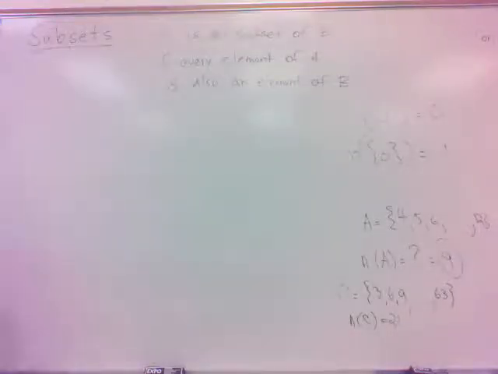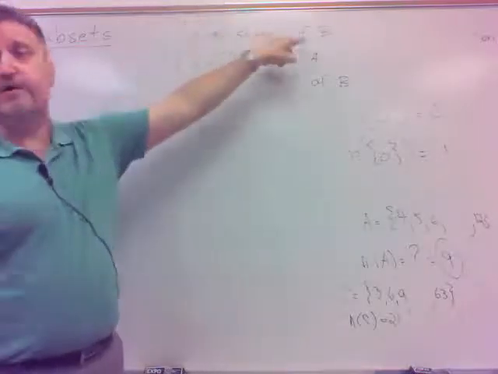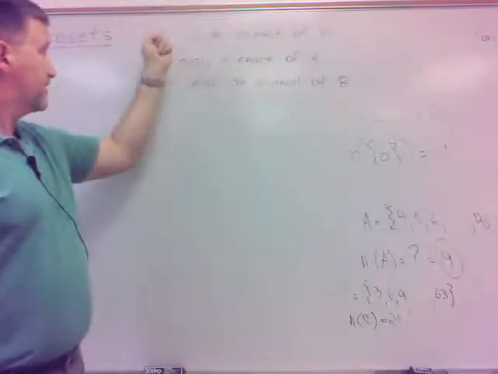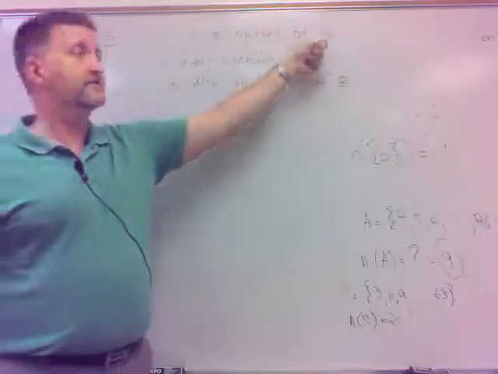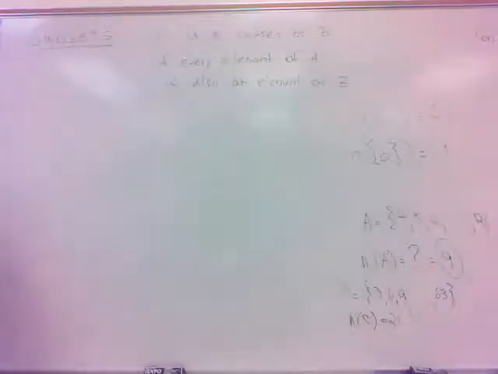The idea meaning, yeah, this is A is a part of B. Another way you could put it: everything in here is also an element here. So a real good example here.